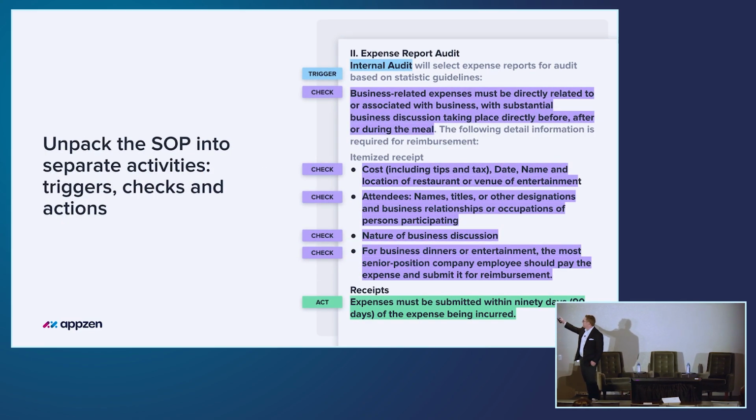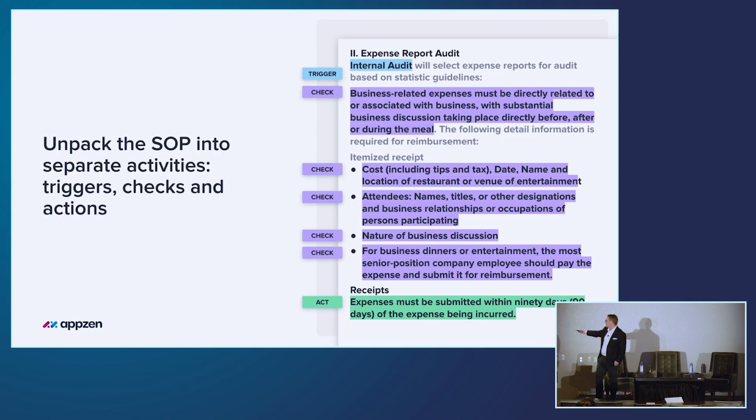In this particular example, you have a trigger that we'll talk about in a little while. We have a check, and then we have an act. Here you have internal audit. We'll select expense reports for audits based off statistical guidelines. So then what do we need to check?